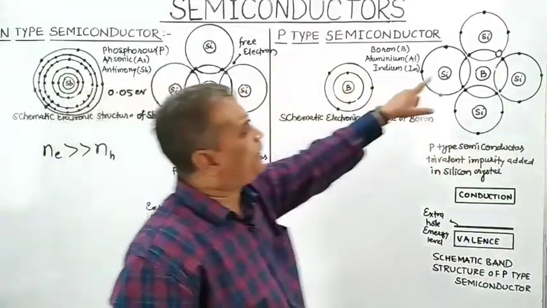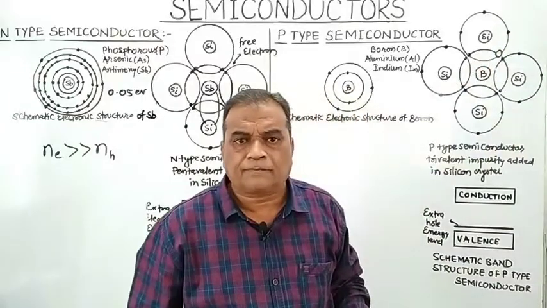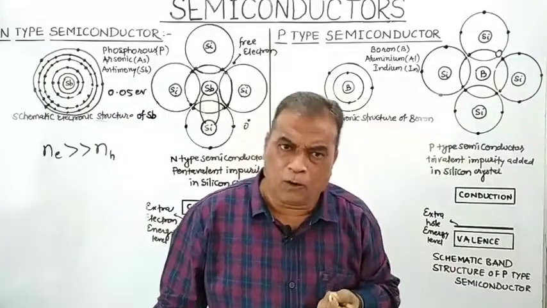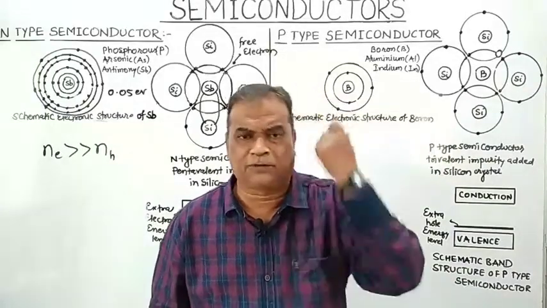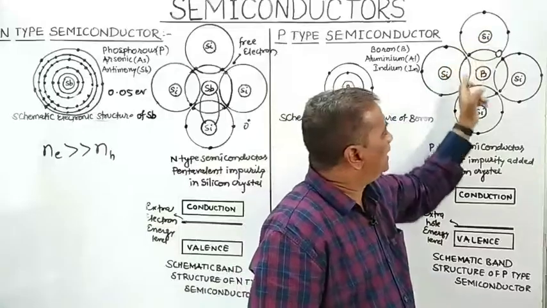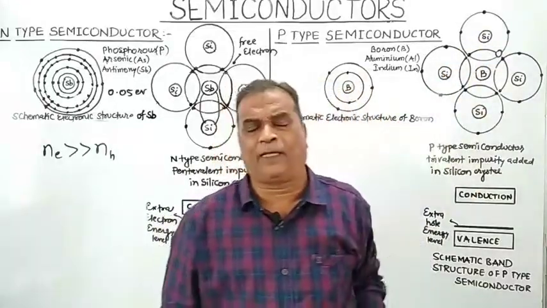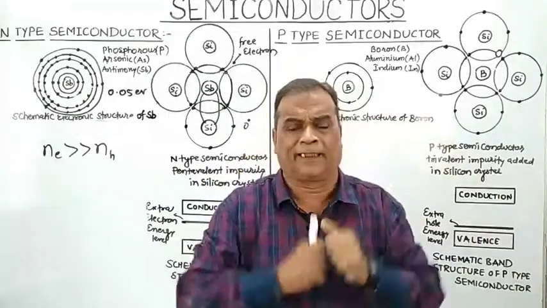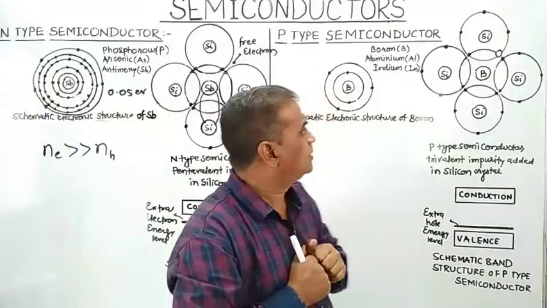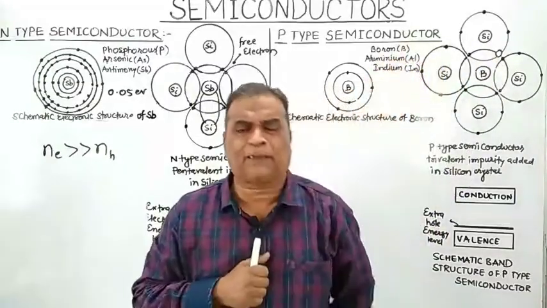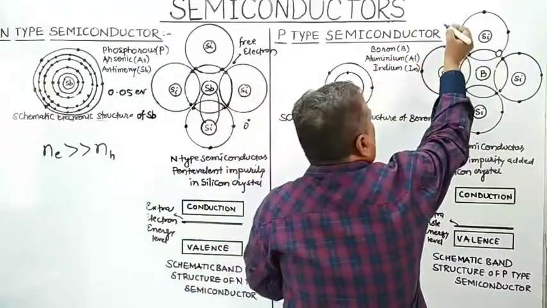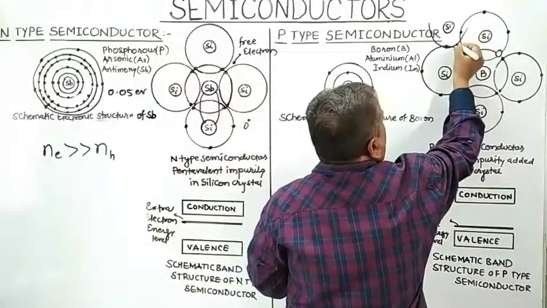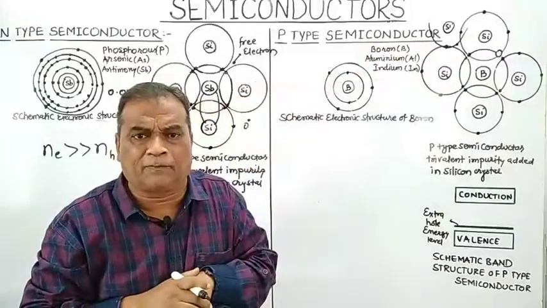Remember that an incomplete covalent bond, a deficiency of electron, means presence of a hole. A hole is nothing but an effective positive charge. So there is an incomplete 4th covalent bond. That incomplete covalent bond can be completed because this hole or vacancy of electron will share an electron. Suppose here we have another silicon atom, and suppose this is the electron of that silicon atom.